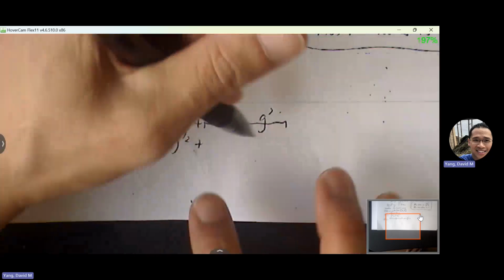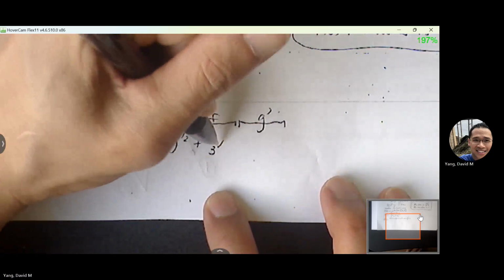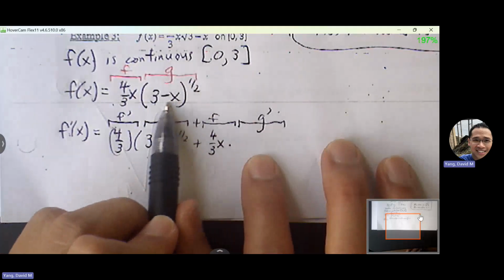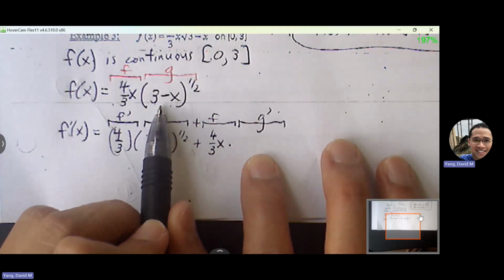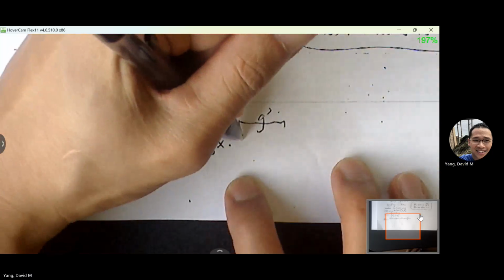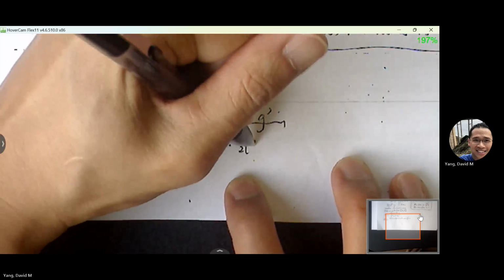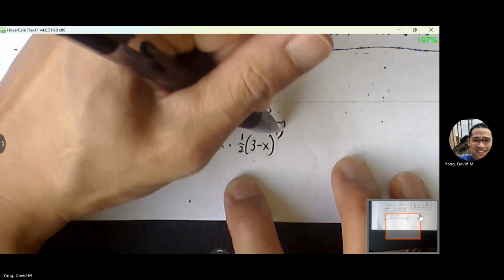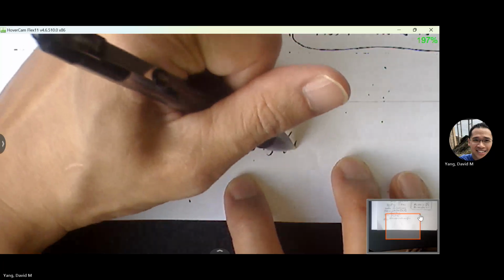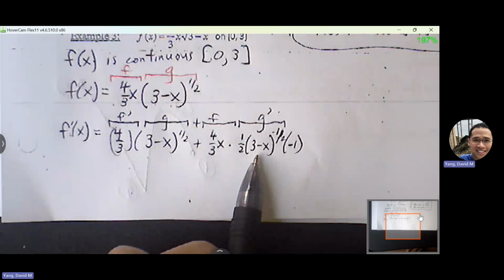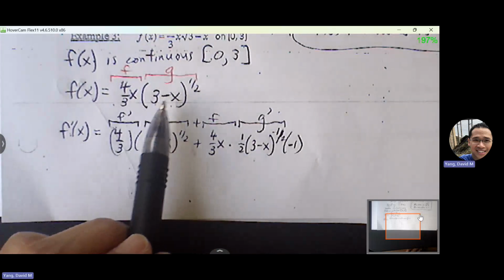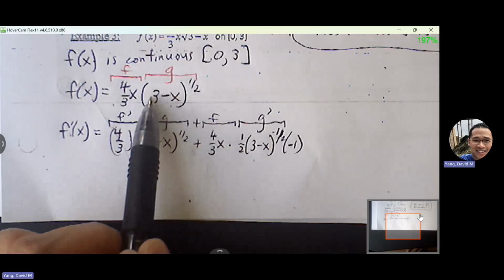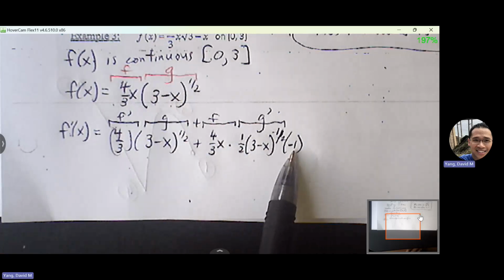F is the fourth is x. G prime, this is where chain rule will be applied. Outside times inside's derivative. So outside is parentheses. I'm just doing power rule with the parentheses. 1/2 parentheses to the -1/2. Moving on to the inside, 3 minus x becomes -1.